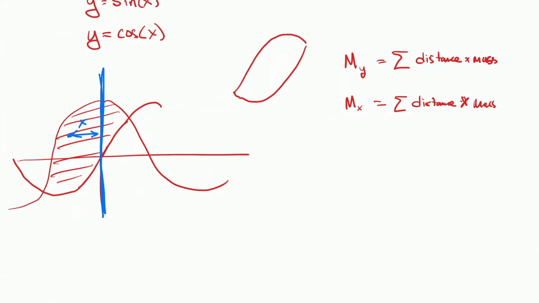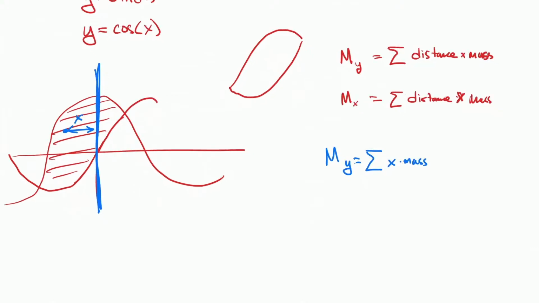X is the distance from the y-axis. So the moment about the y-axis is going to end up equaling the sum of x times the mass. We'll get to the mass on Friday, so that's going to be a bit of a problem, but not a big problem. And then the moment about the x-axis, here's the x-axis, is the sum of the y value times the mass.